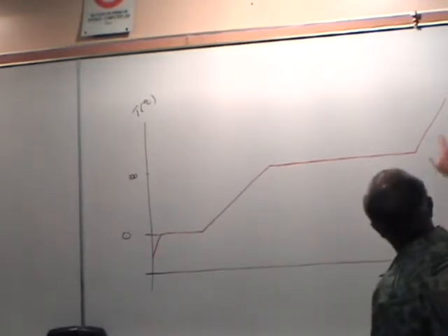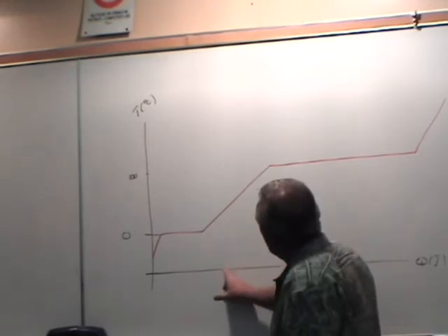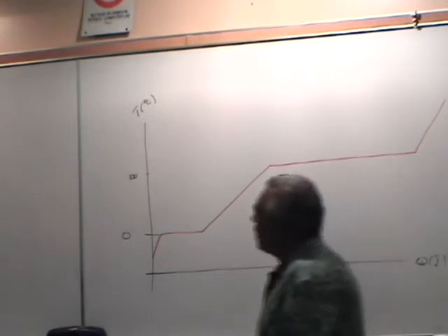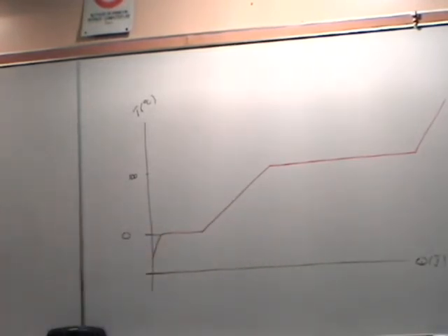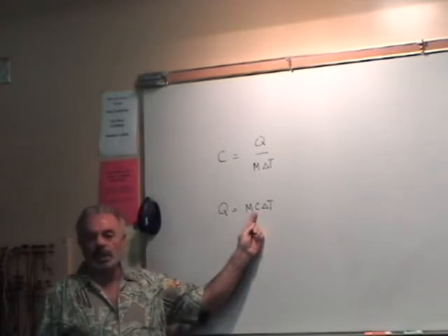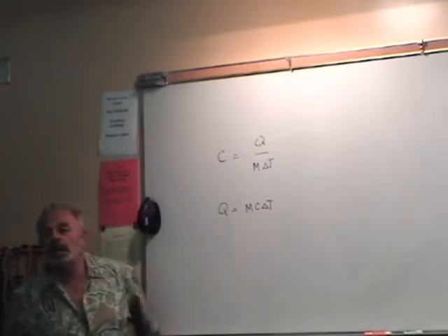Whereas over here, you put in a certain amount of heat and you get a temperature change, but not as extreme. What does that tell you about the specific heat? Well, if the specific heat is large, the temperature change will be small, and vice versa. Hence, the specific heat of water when it's a liquid is going to be a number which is different than the specific heat of steam and ice.